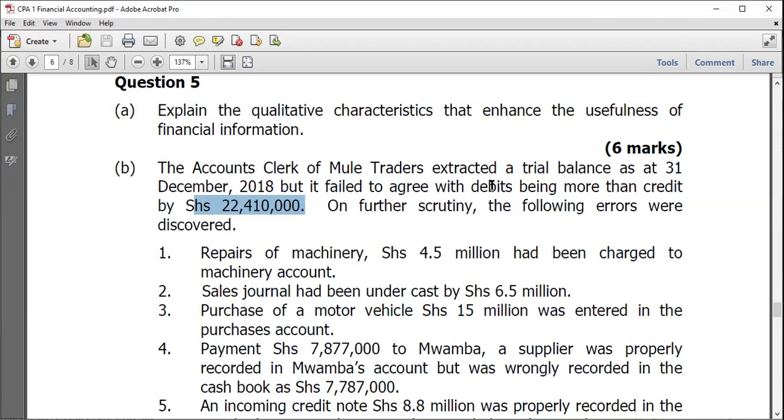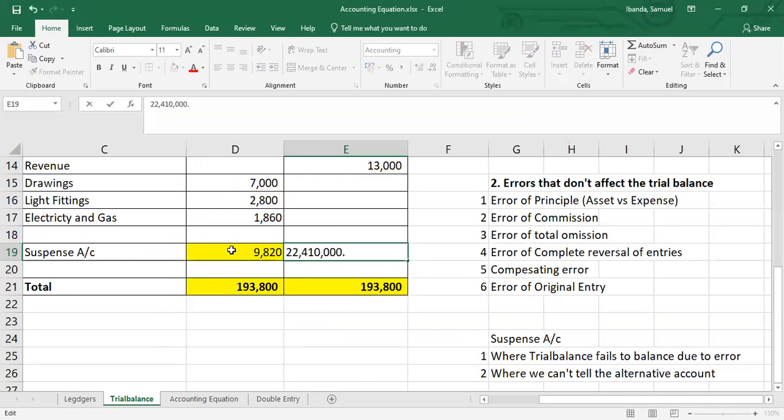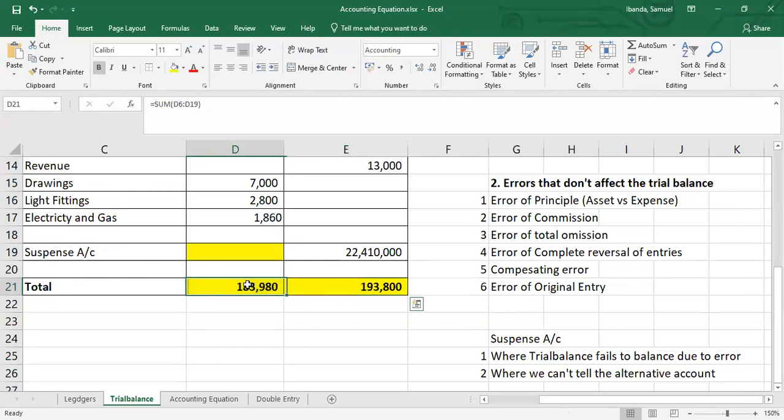So they're saying it failed to agree with the debits being more than the credit. So it means that we introduced this value in suspense on the credit side of our trial balance. So if this was our trial balance, we went ahead and introduced a value here to make sure that our two sides balance. You get it? So it's important for you to interpret that statement because it's going to affect how you're going to do this question.